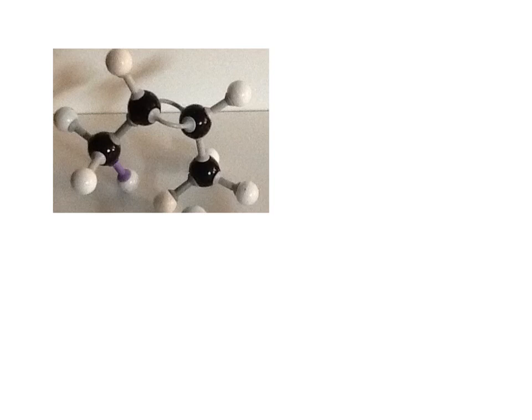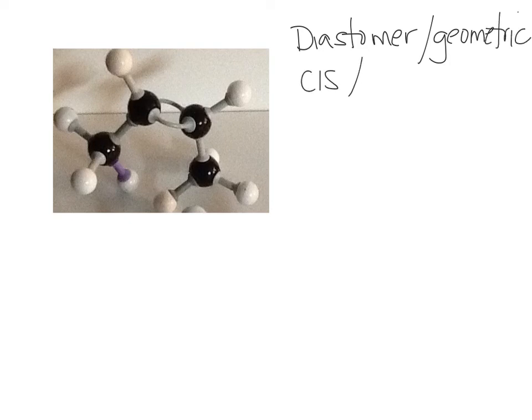So when we have a stereoisomer, we can have a diastereomer or geometric isomer. And these are either going to be cis or trans. To determine if it's cis or trans, you look at the double bond itself. Here's the double bond. And you look at the 2 groups that are attached. One carbon has an H and a methyl group. The other carbon has an H and a methyl group attached to it.